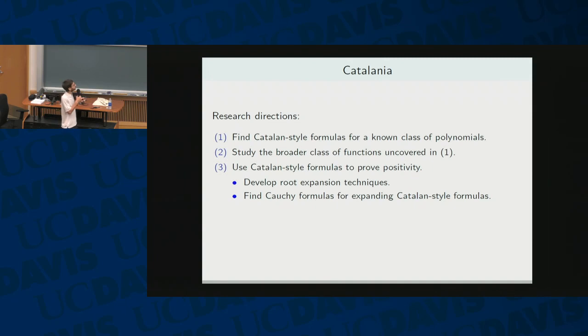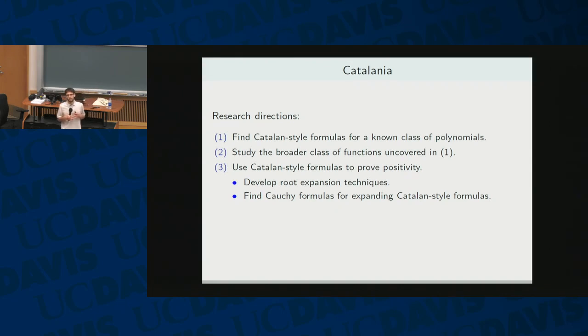But maybe before we get there, let's think about, okay, if you have such a Catalan-style formula for a class of symmetric functions like Macdonald polynomials, what can you do with it? I've mentioned that there are several ways you can use that formula to get access to various properties of these symmetric functions.